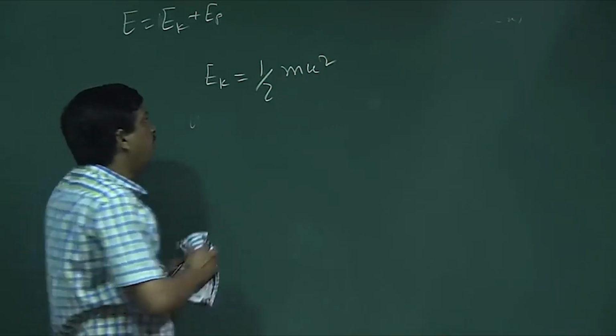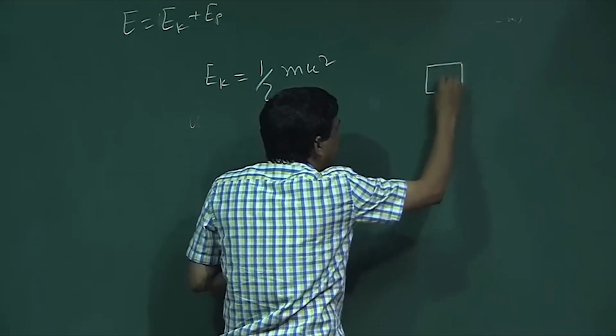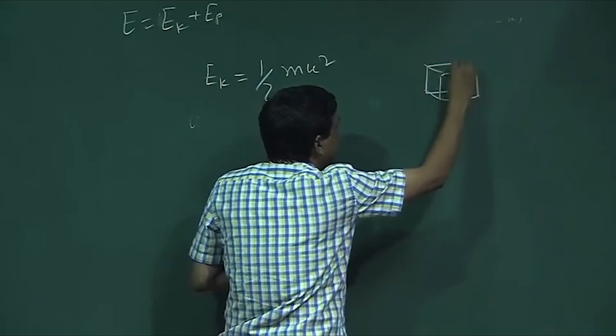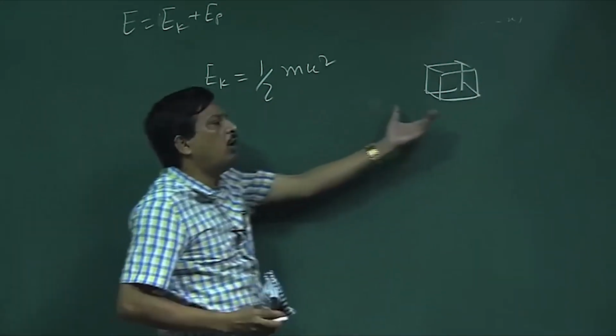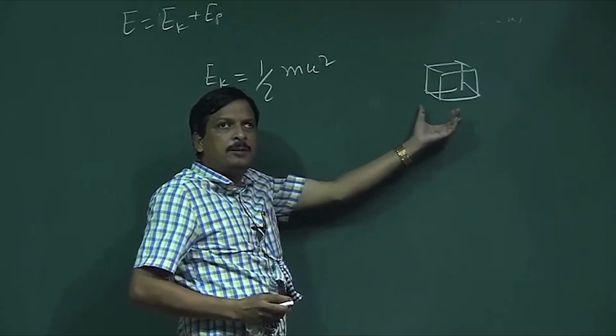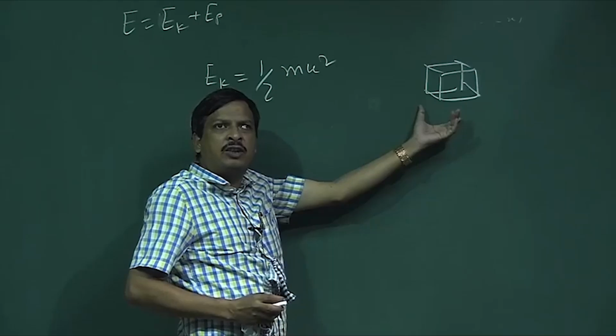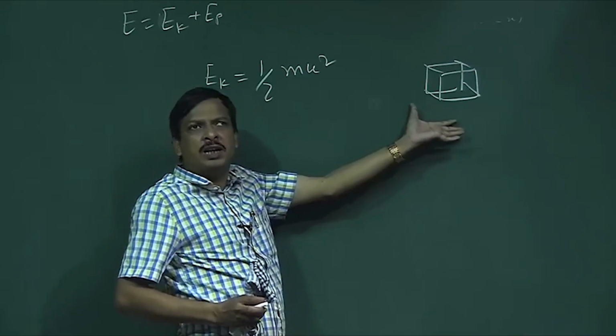Now, consider that small volume V0 on that propagation plane. V0 will be compressed. If it is compressed, some potential energy will be stored. If it is decompressed, potential energy will be released.